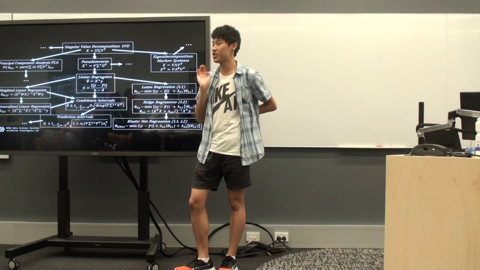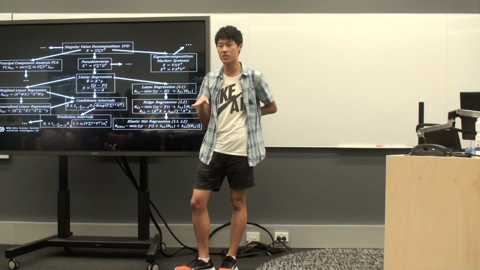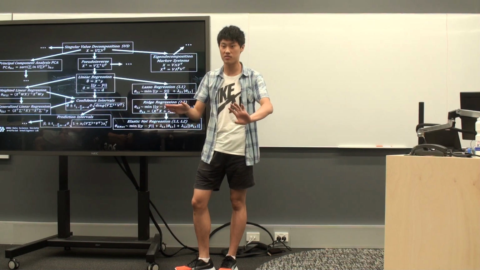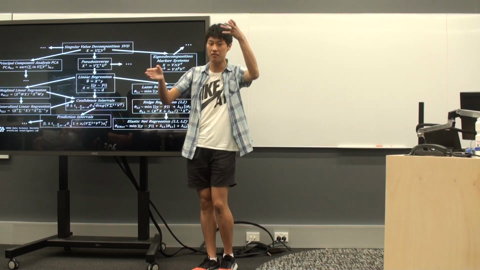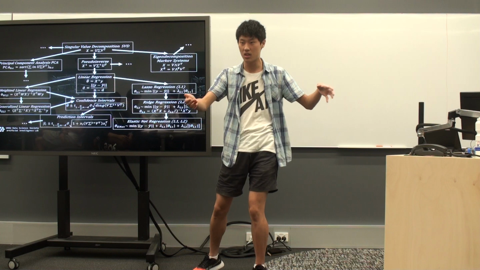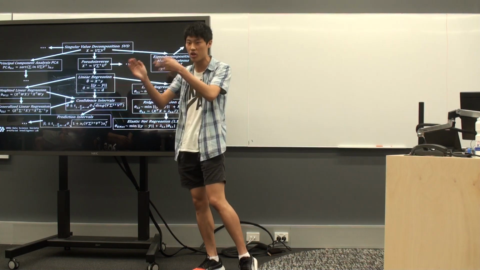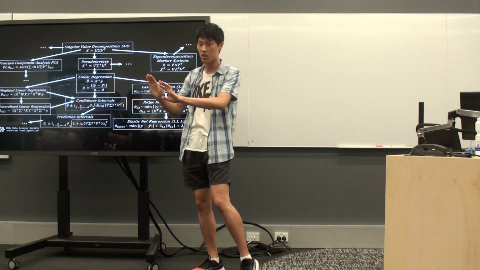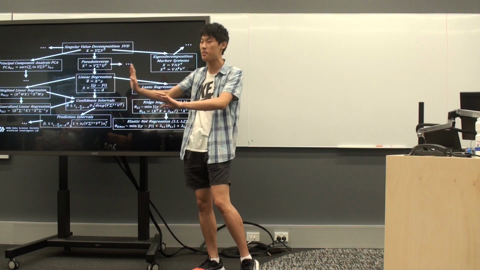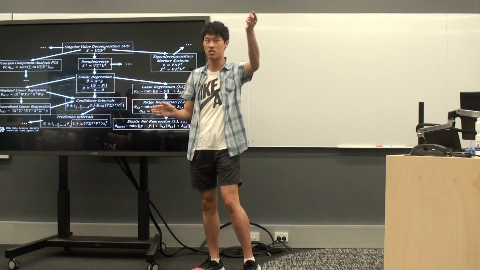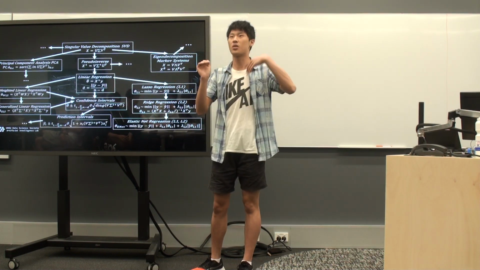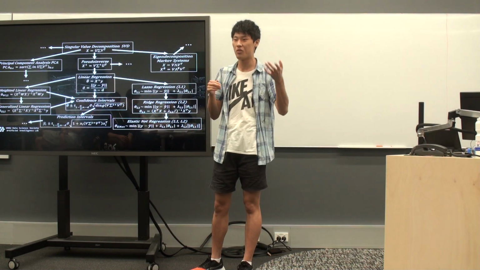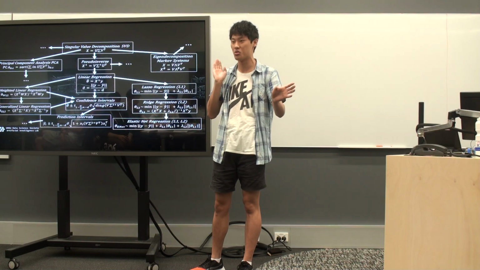So has anyone heard of pseudo-inverses? The question is, with these matrices, tables of numbers, if you want to compute the inverse of something... What inverse means is that if you take a table of numbers and multiply it with its inverse, you should get the identity matrix, where the diagonal is all 1 and everything else is 0. It's like 5 times 1 over 5 is equal to 1, right?